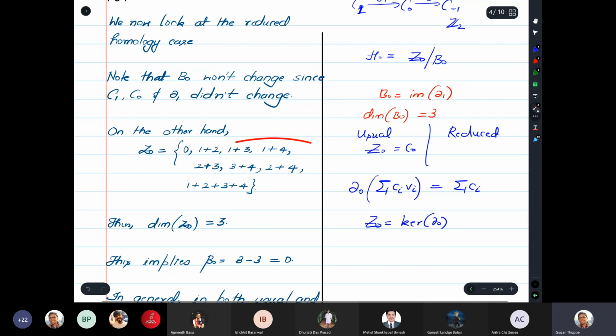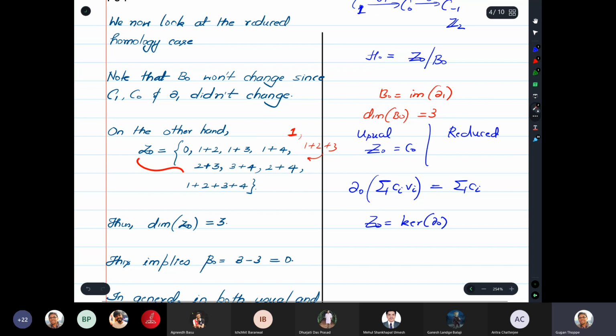So you can see that in the reduced homology case, indeed Z0 has changed. Earlier it was C0. For example, it could include elements like zero chains with only support 1, or elements with support 3, like 1 plus 2 plus 3, and so on. In the reduced homology case, that is no longer the case.